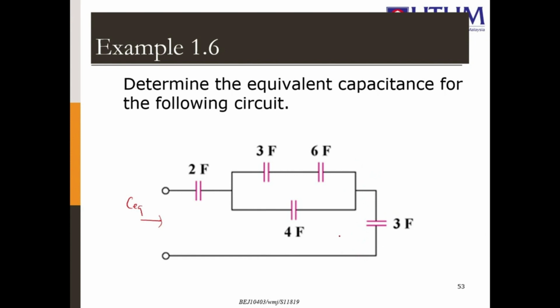In order to do the circuit reduction technique, we work from right to left. Since this part is in series, 1 over C is 1 over 3 plus 1 over 6. You can name this C1, so 1 over C1 equals this, and your C1 equals 1.